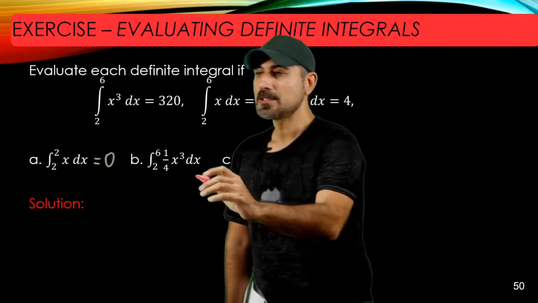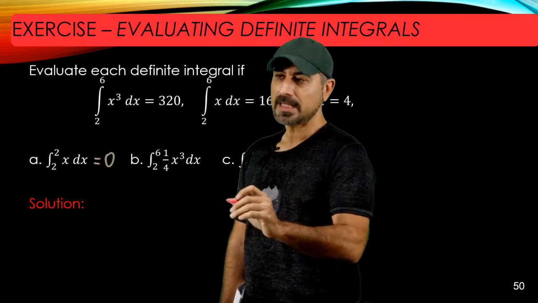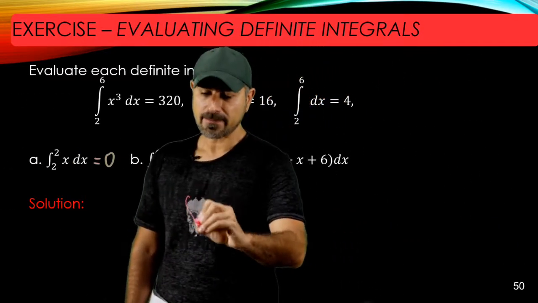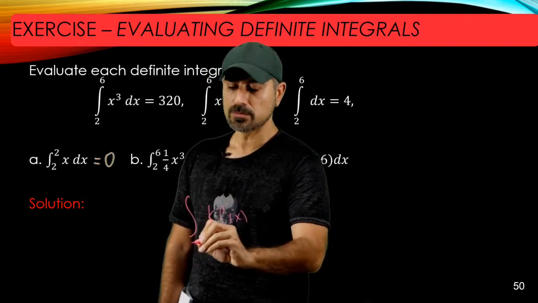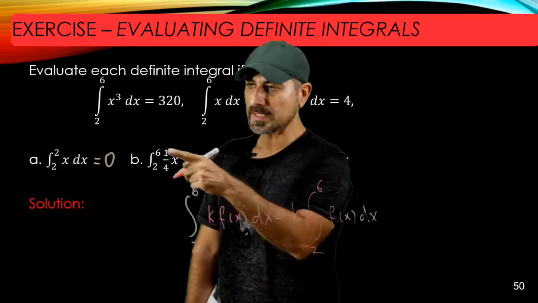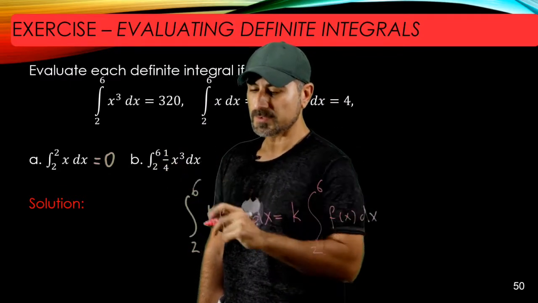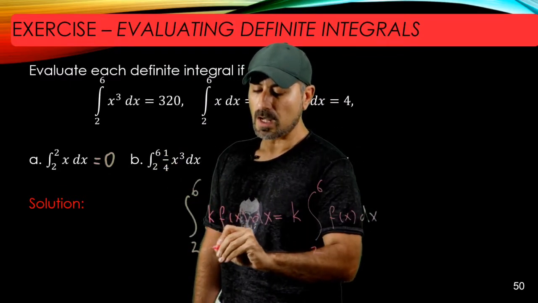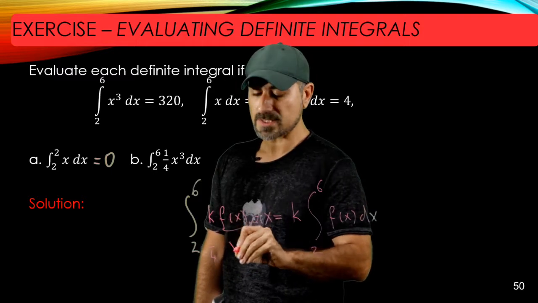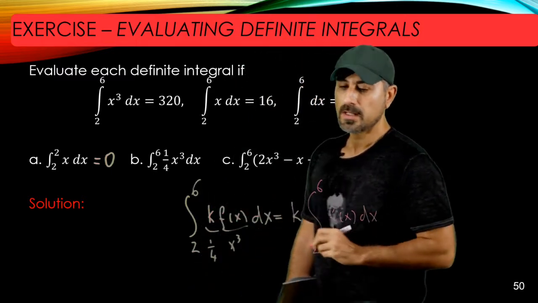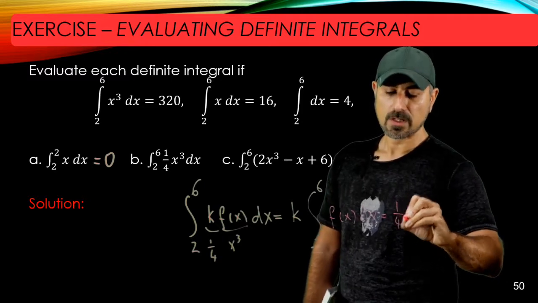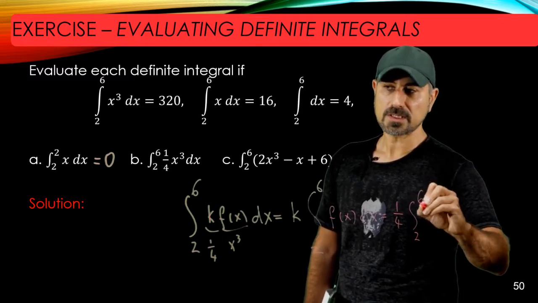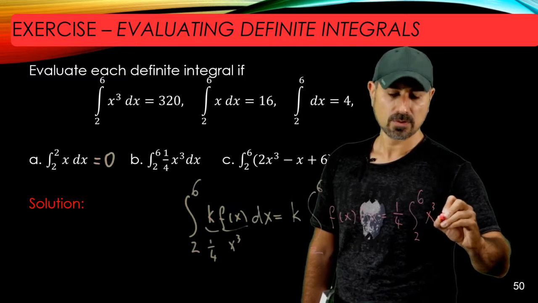All right, for part B, we're going to use one property that if you have k times f of x, let's say from 2 to 6. In this case, k equals 1/4 because that's the multiple of f of x, and f of x is x cubed. So in other words, this turns out to be 1/4 integral from 2 to 6 of x cubed dx.